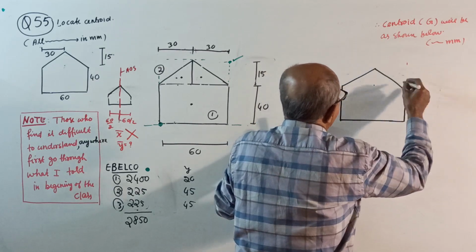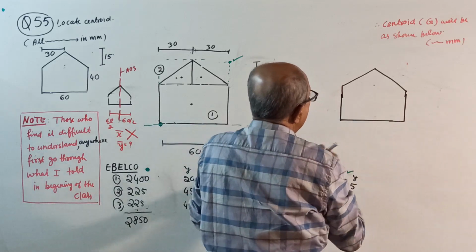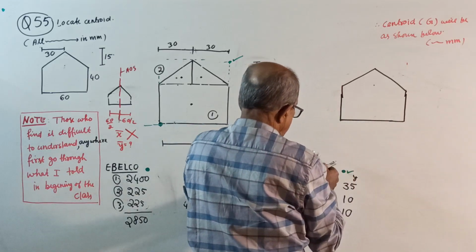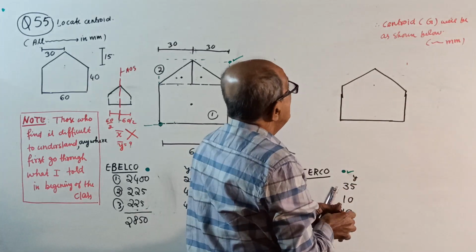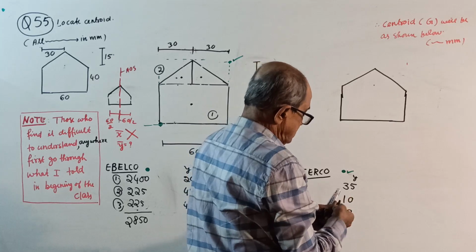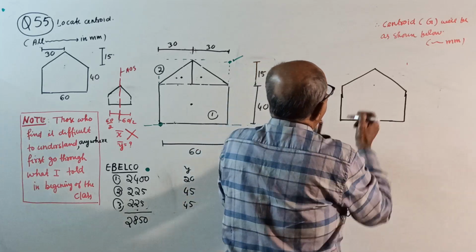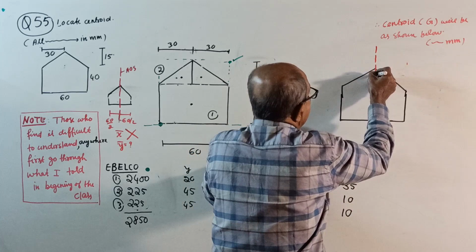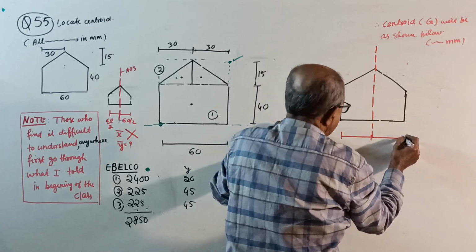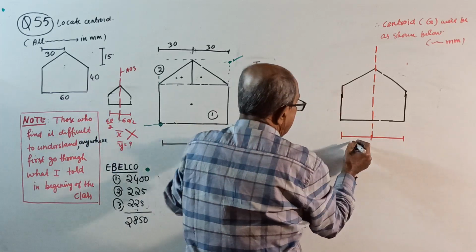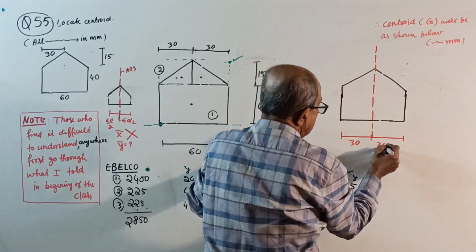This is the given lamina. I am not writing the dimensions. Here you have to locate the centroid. I told you all dimensions are in millimeter. This is the axis of symmetry. Directly mark here this distance and this distance, since it is 60, as 30, 30.